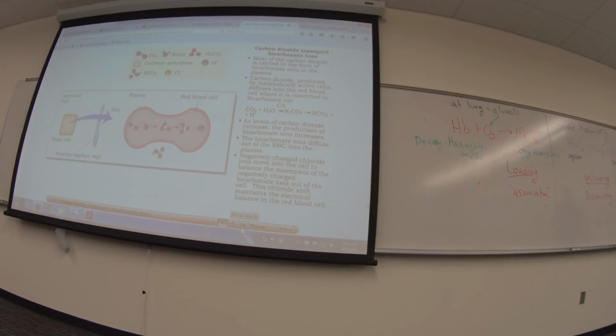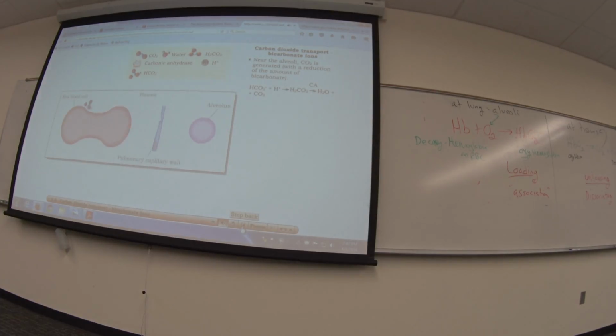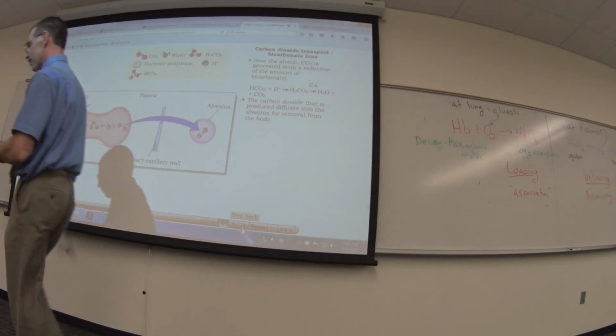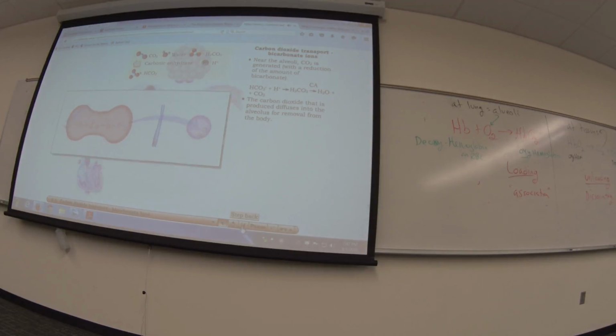This process is called the chloride shift. Carbon dioxide is generated near the alveoli. The carbon dioxide that is produced diffuses into the alveolus for removal from the body. Let's go back to that little bit of the chloride shift, and then we'll go through this part.